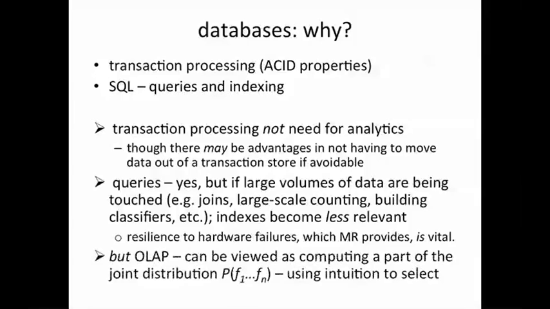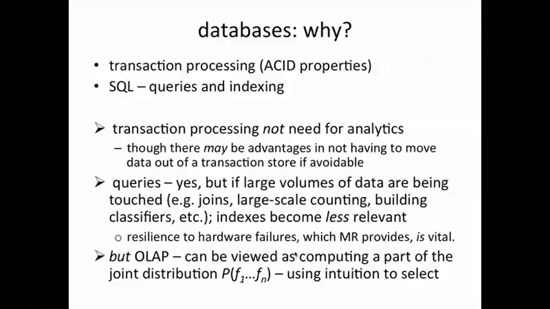Lastly, it's important to recognize that OLAP is also a form of analytics and can really be viewed as computing a part of the joint distribution across all the features, which are the columns of a table, but you're using intuition to select which set of features we want to actually look at.